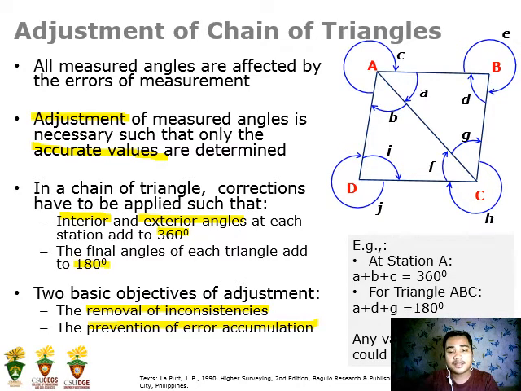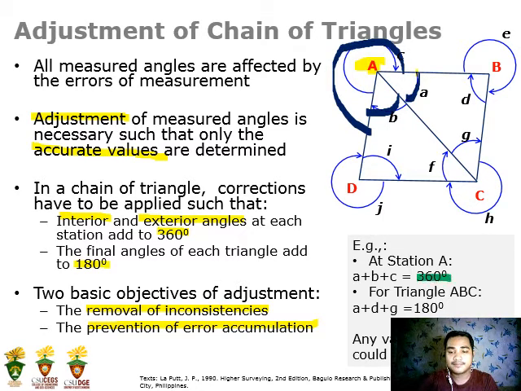So for example, at station A, angle A, the one in blue, plus B plus C must be equal to 360 degrees.